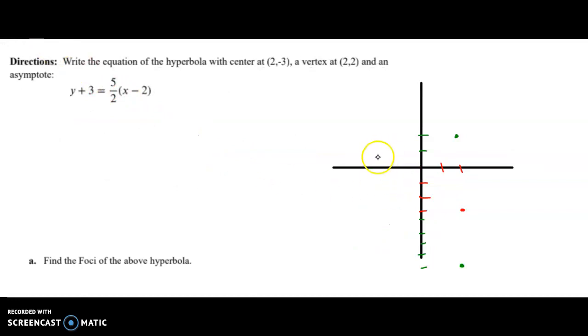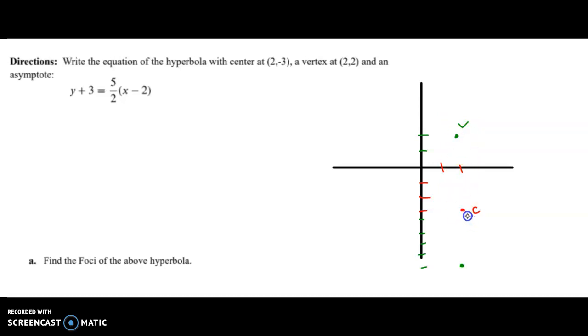So in this one, you're given an equation of the asymptote, and I already sketched out for you what's going on here. You've got a center at 2, -3. This is the center. And you've got a vertex at 2, 2, and so that's a distance of 5.